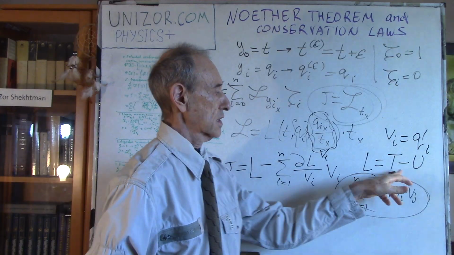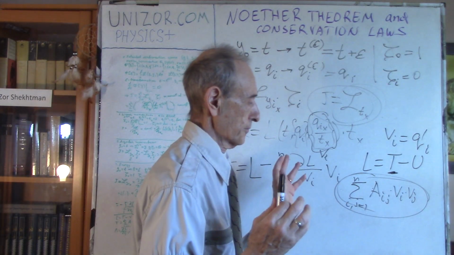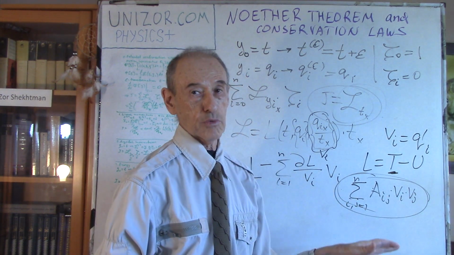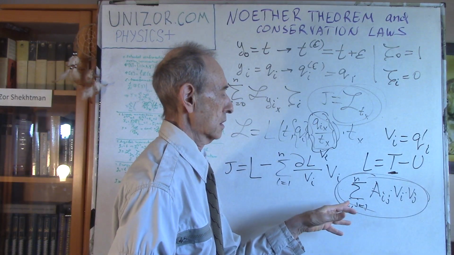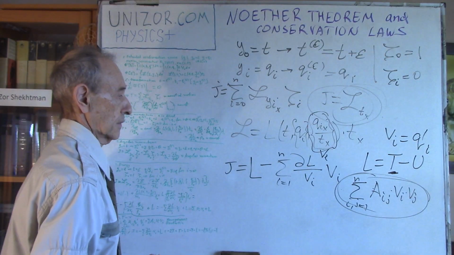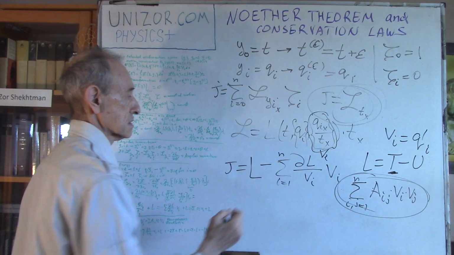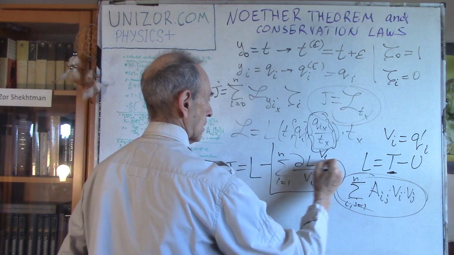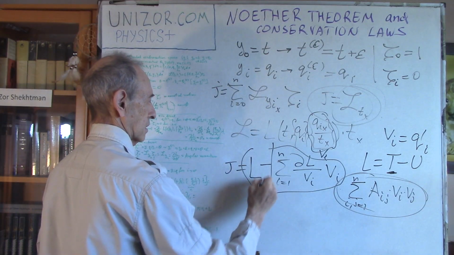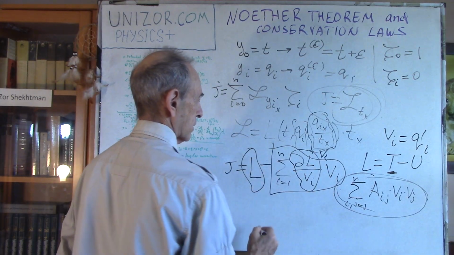The kinetic energy for all these conservative mechanical systems is a homogeneous quadratic form of the velocities, right? Now, if this is true, then what is this particular expression? Now we're basically talking about only this.